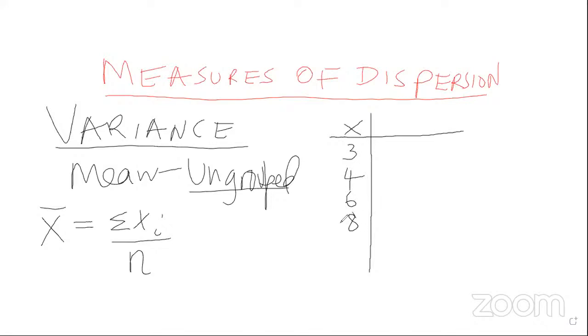Let me do maybe 8, 9, and the highest student maybe gets 12. And since we said we don't deal with individual students, we want to deal with a group. If I ask you, what is the mean of that group? What would be the answer? Work out the mean of that group.